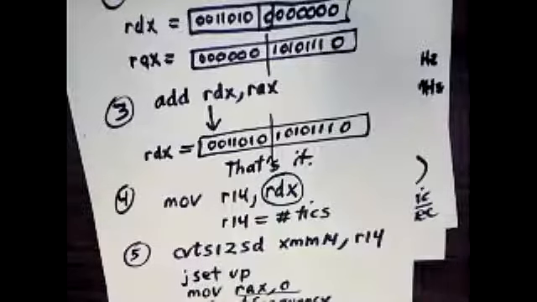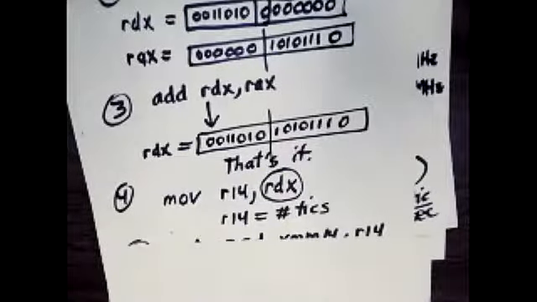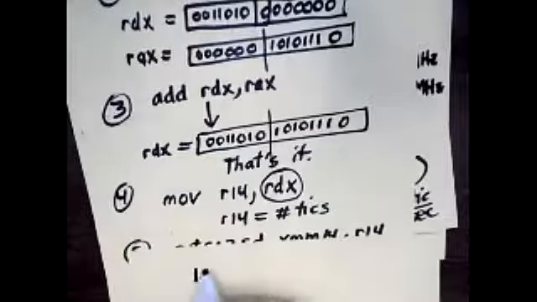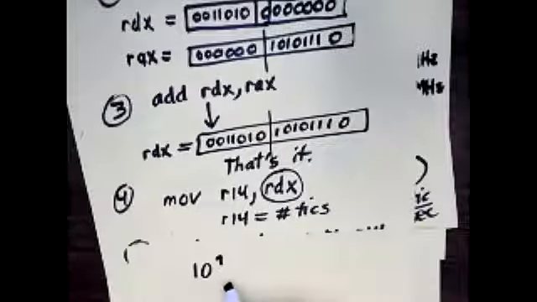Let's see. And then you have to figure out how you're going to get that number. What is that number? 1 billion, which is 10 to the 9. You have to get that in an XMM register in order to do that division. I would just put it in RAX and use the convert function. You decide how you're going to do that.